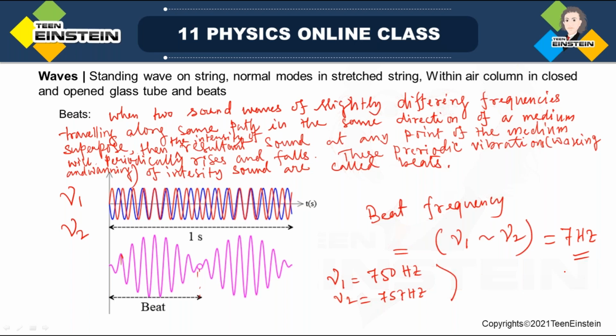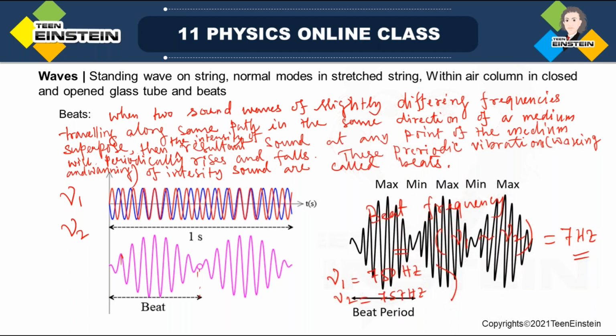Okay, now see what are the essential conditions for beats to happen. Let me show you here. This is a beat period, one rising and one lowering of intensities. So let me write the beat frequency over here.